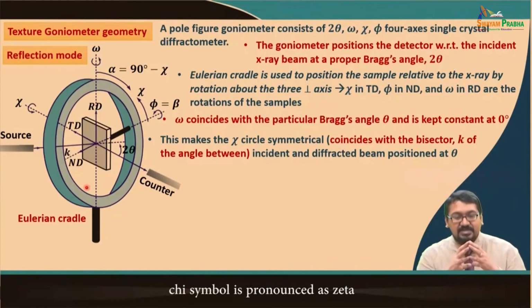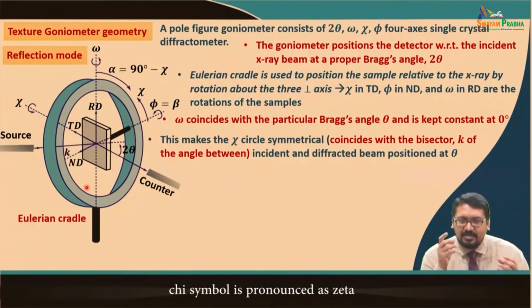So, the zeta circle is basically symmetric around this bisector between the incident beam and the diffracted beam.